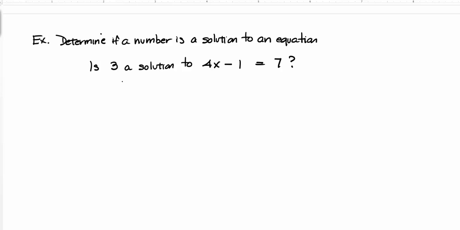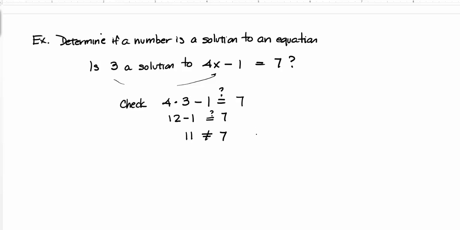Let's put 3 into x and check it. 4x simply means 4 times x, so it's 4 times 3 minus 1. I always put a little question mark here if I haven't figured it out yet: does that equal 7? Well, that's 12 minus 1, which is 11. 11 does not equal 7, so the answer is no. In this case, 3 is not a solution to the equation.